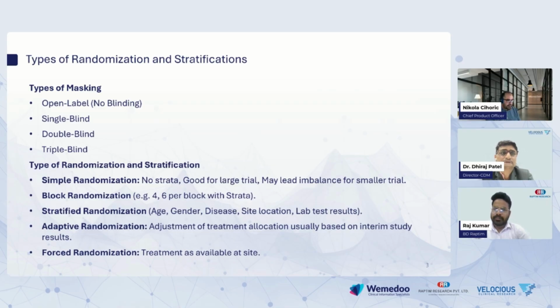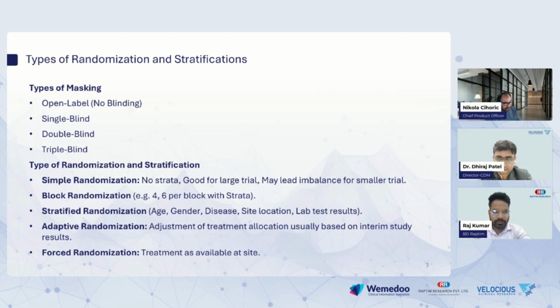From the perspective of stratification, there are several types of basic randomization, such as simple randomization, when we don't use any stratification, no strata. This is good for large trials with a large number of patients, but in smaller trials it may lead to imbalance and it may endanger the end result.